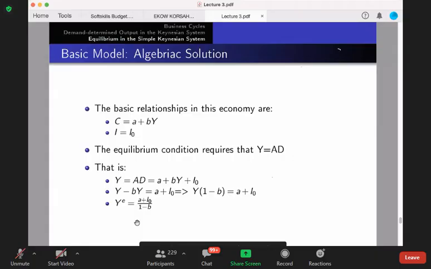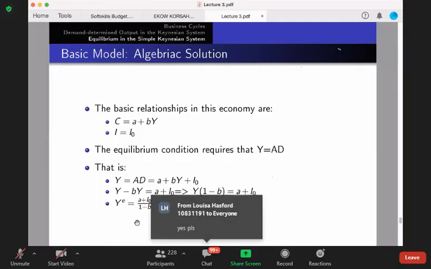So guys, try it and let me know whether you have been able to solve it in this very simple model. Try and solve it and let me know if you have been able to do that. Oh, okay, Rebecca, you have been able to do it. Beautiful. Louisa too has been able to.